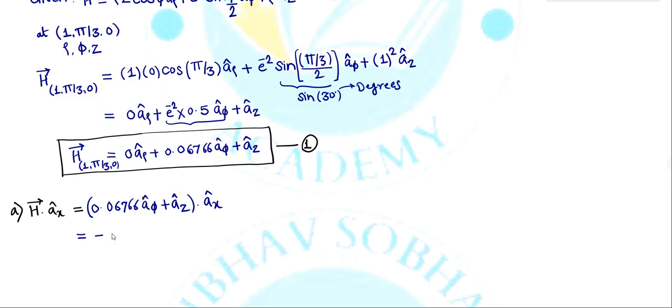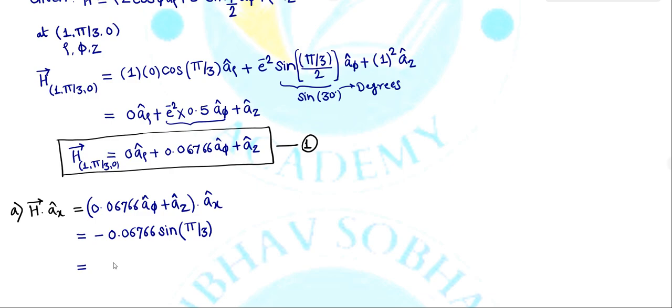So that will be minus 0.06766 sine of phi, and we have that phi value to be pi by 3, and the dot product in between this AZ and AX is 0. You can refer to my previous lectures for this.